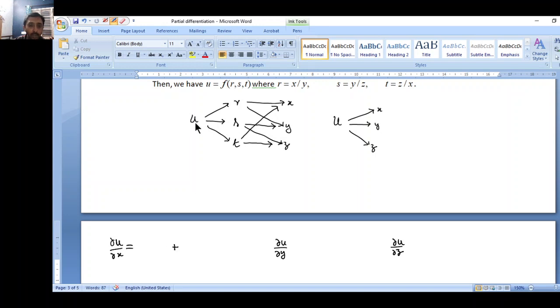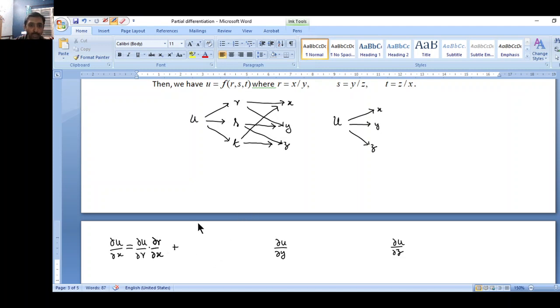Now the first route is from U to R and then R to X. Because U depends on R, S, T simultaneously, the first term would be dou U by dou R, not dU by dR. So dou U by dou R into, then R depends on all the 3 variables X, Y, Z, so this will be dou R by dou X, not d.